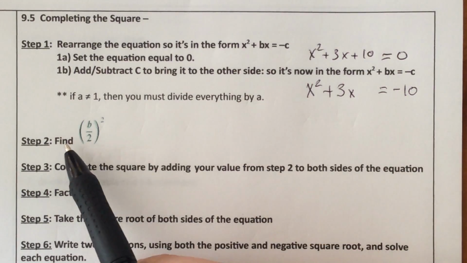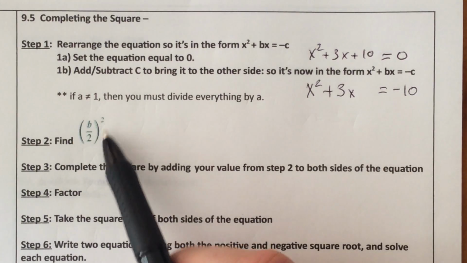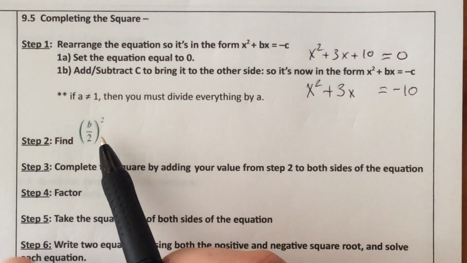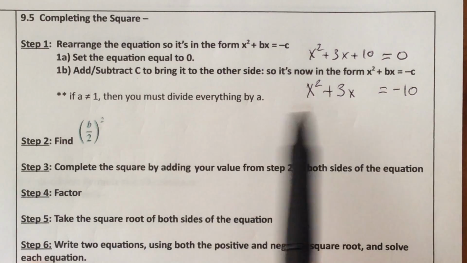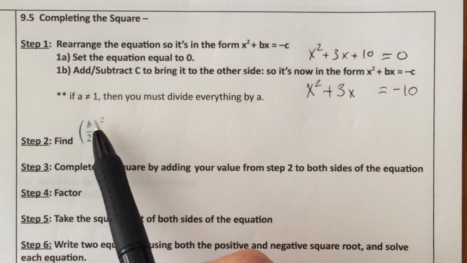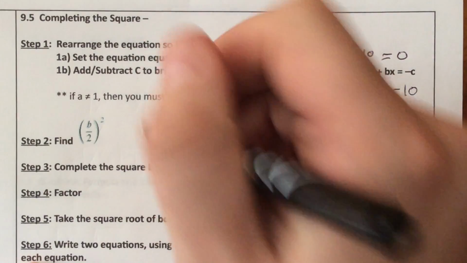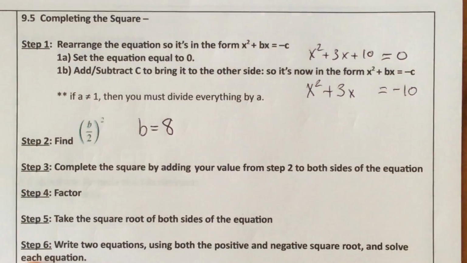So, second step, this is saying find b over 2, that whole thing squared. Now, this is just a representation of saying take whatever b value is, so in this case it'd be 3, I would divide it by 2 and then square it. Okay, so I'm going to pick an easier number. Let's say b is 8.